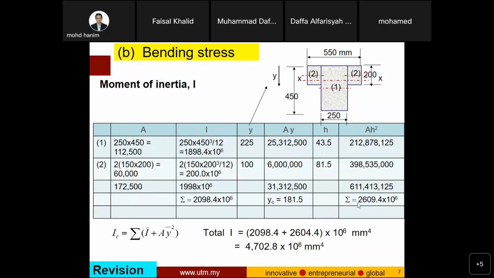So I equals 2609 plus this one. So if you are fortunate during the exam, I is given. But if you are not fortunate, then you have to calculate I using this table.